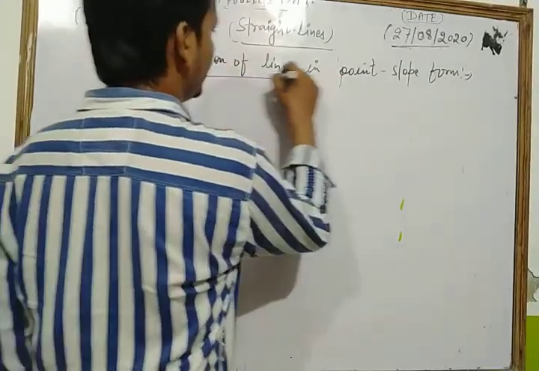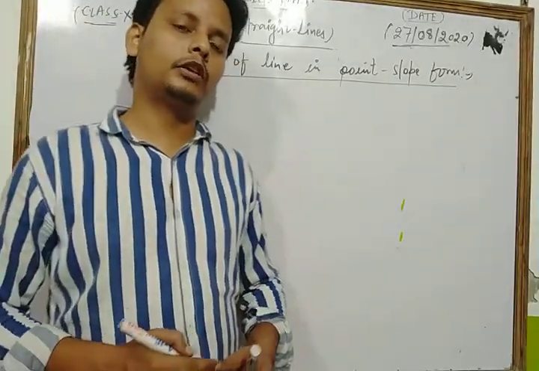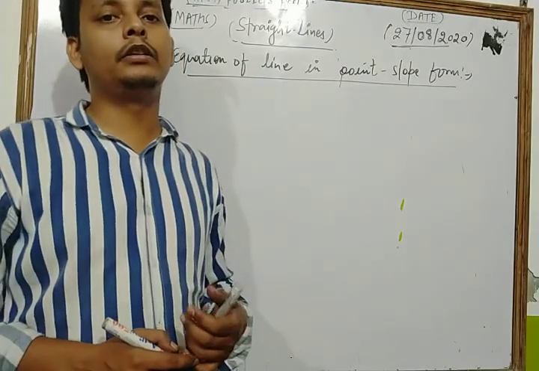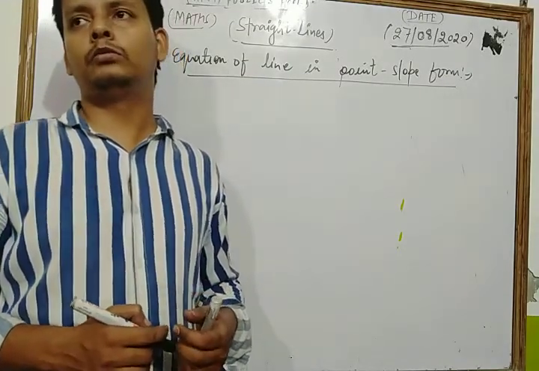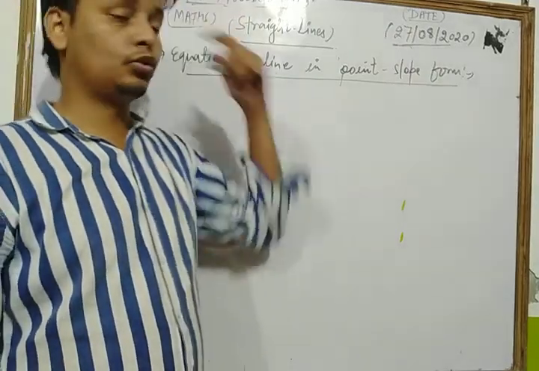This is a very important topic of your syllabus. Just previous to that topic, we discussed the equation of a line in slope intercept form. Now we discuss the equation of a line in point slope form.